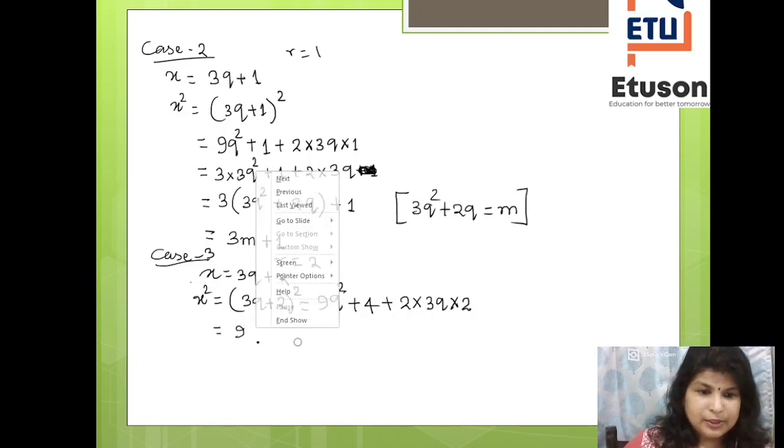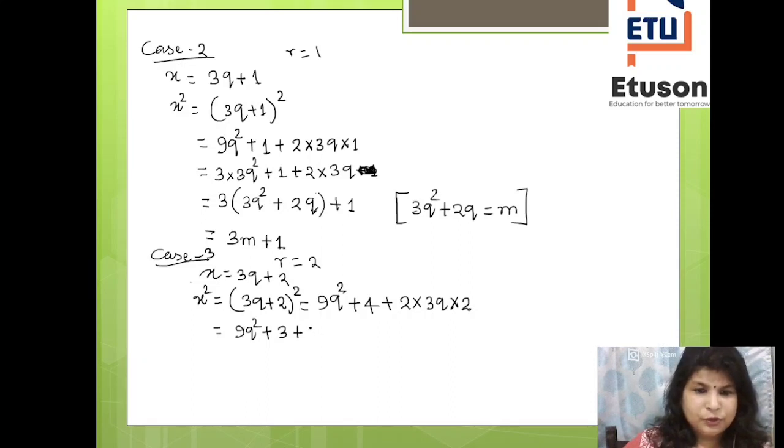So it is equal to 9q square plus 3 plus 12q, right? It is 12q plus 1. Can I write in this form?